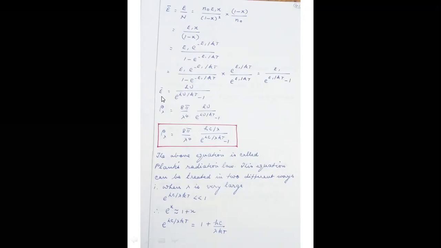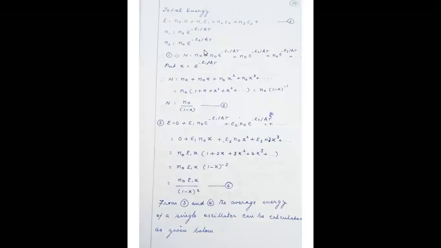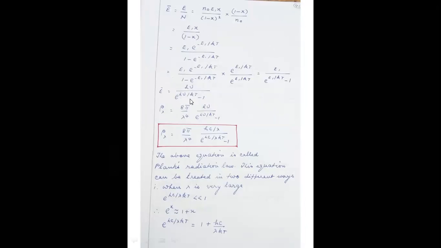This average energy I am substituting in place of the energy obtained on the basis of the equipartition principle. You go back to the Rayleigh-Jeans law. What is here? Rho lambda is equal to 8 pi by lambda power 4 kT. kT is the energy obtained by the equipartition principle. In place of kT, I am substituting this average energy.